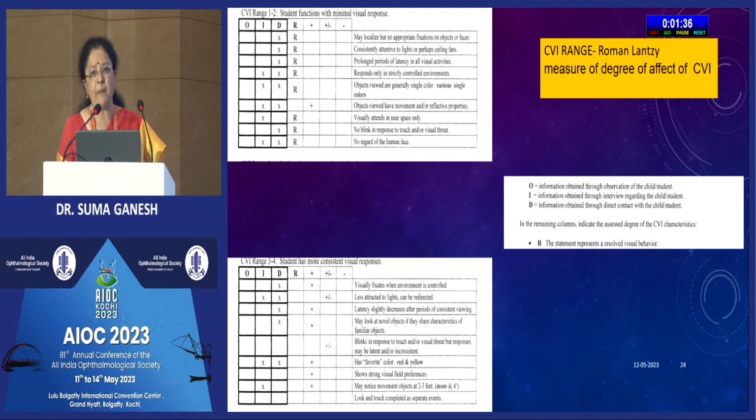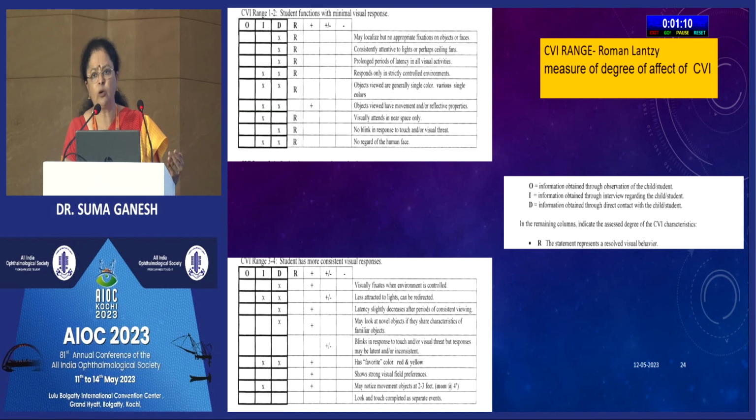Now the parents are always after us saying, I have brought my child, I don't see any improvement. So how do we check improvement? This is what is done by the early intervention therapist. They measure the CVI range. There are three cards: O, I and D, where O is information through observation of the child, I is information obtained through interview, and D is direct information by direct contact with the child.